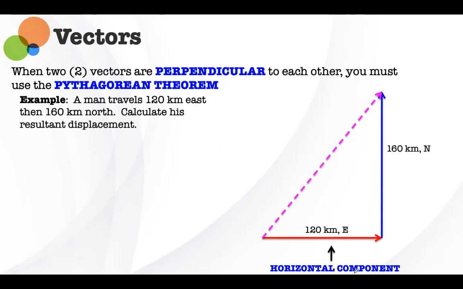We call this your horizontal component, and then of course we call this your vertical component. So the horizontal component would be X or Y. Which one would it be? X. All right, so the horizontal component would essentially be X, and your vertical component would of course be Y.